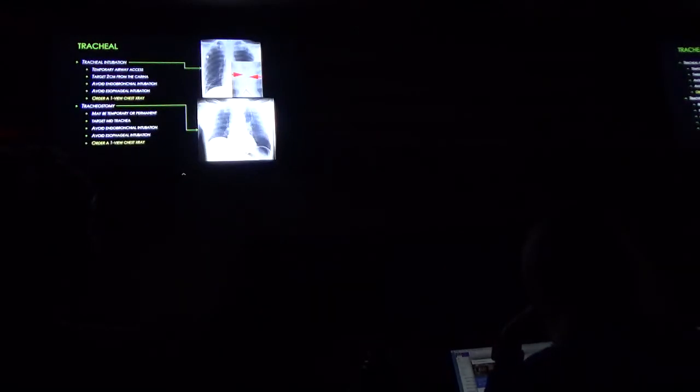You'll be doing these on the cadavers next week, so don't stress a whole lot about that. Just know the anatomy of going underneath your cricoid cartilage and through that soft tissue.